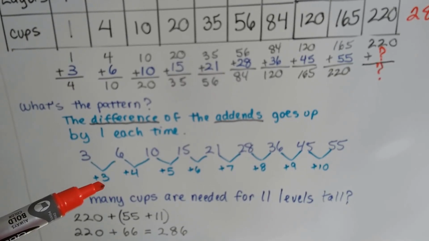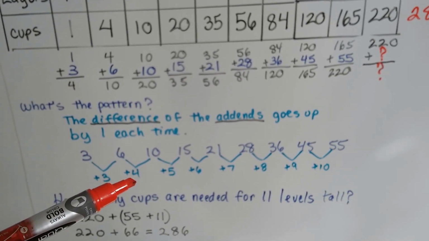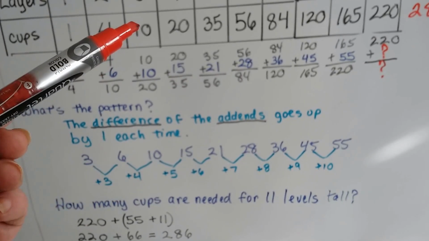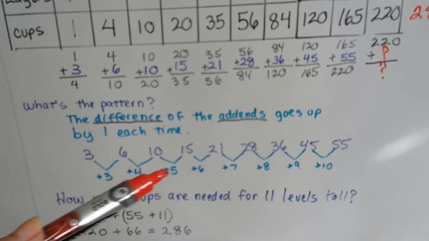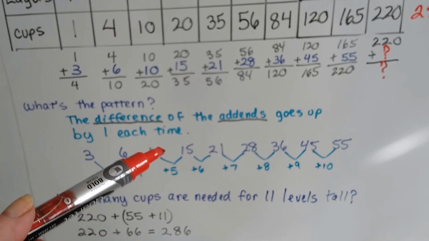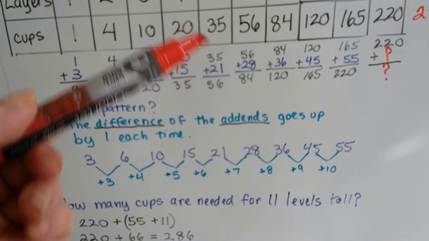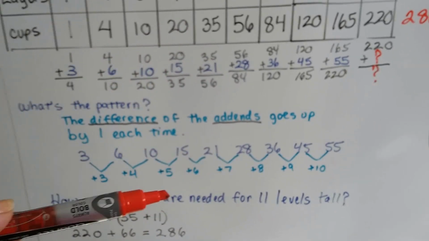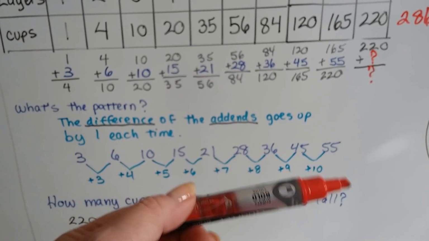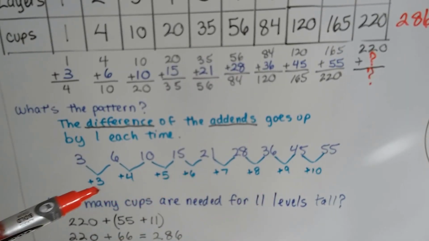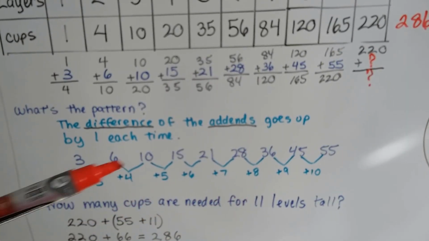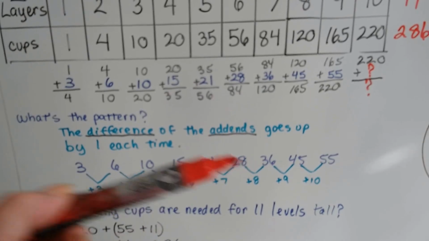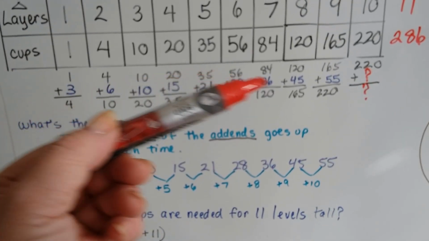Now if we add 1 more to this 3 and get a 4, then we know to add 10 to the next one. And if we add 5, 1 more than 4, to the 10, we'll know to add 15 to the next one. So we've got to go down a whole other level to find out where the pattern is. And this pattern is going up by 1, which makes the addends go up by 1 each time, so that we can add the addends.